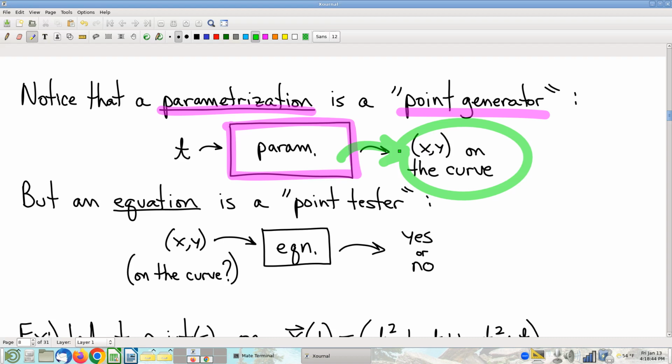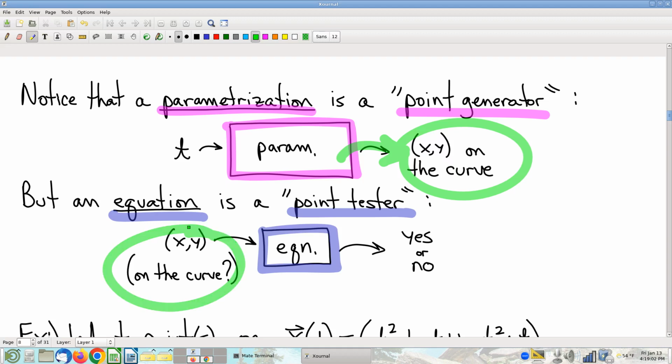That is not what an equation is. An equation, in the way equations are typically used, is what I like to call a point tester. If you have some equation involving x and y, what you do with that is take some point and plug it into the equation.